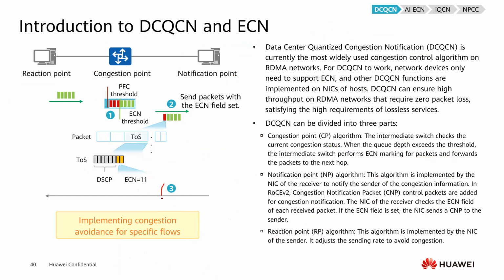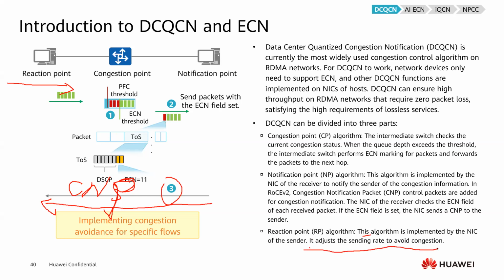And here, the NP will send the CNP packet to the RP. If the RP receives the CNP, it will adjust the sending rate to avoid congestion.